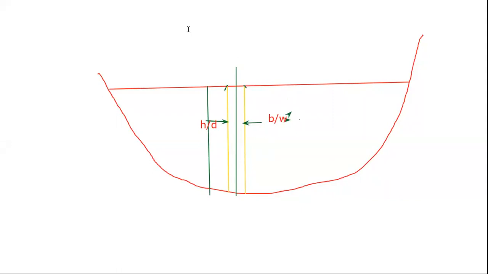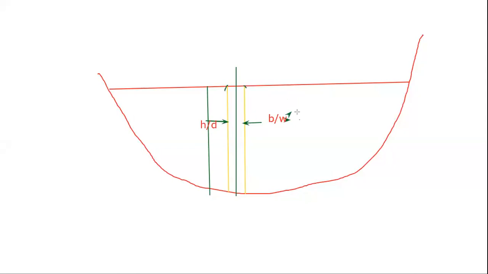Then the velocity will be measured either at a single point or a double point. Single point यानी कि क्या है, in hydraulic engineering we have seen that the velocity distribution in an open channel is varying.